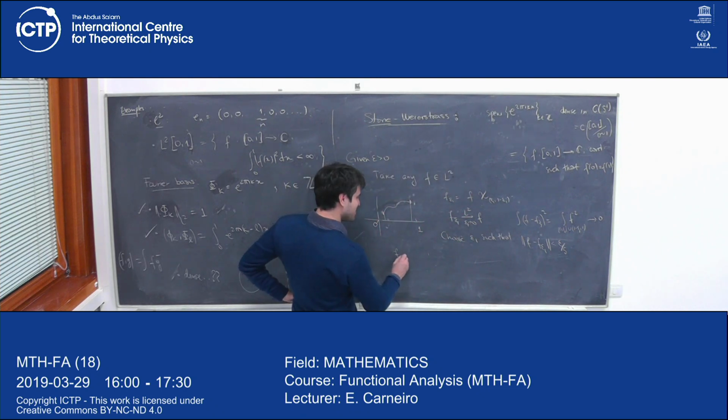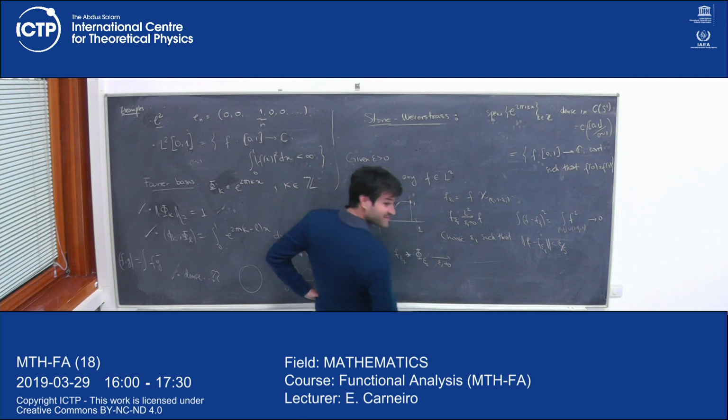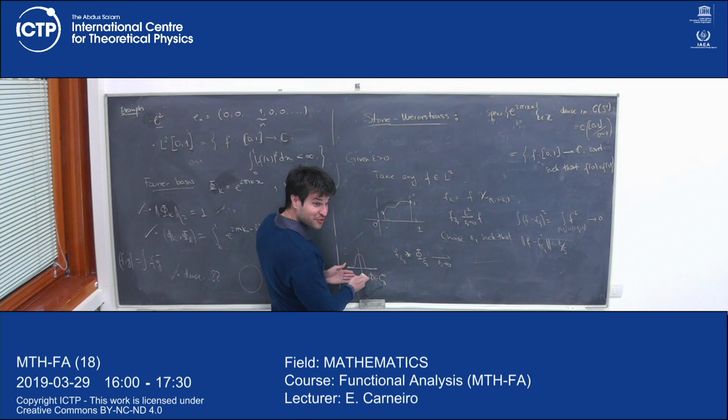Now you can take this f epsilon 1 and do some sort of approximation of the identity with your favorite kernel, phi epsilon 2, and send epsilon 2 to 0. Just take phi, your favorite approximation of the identity. Phi is a C-infinity function with compact support. With compact support, this is important.